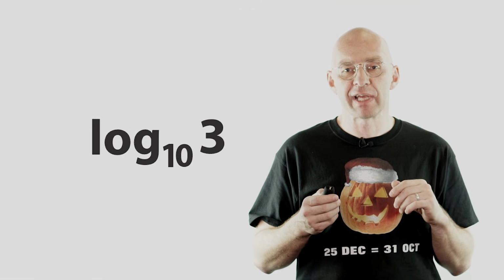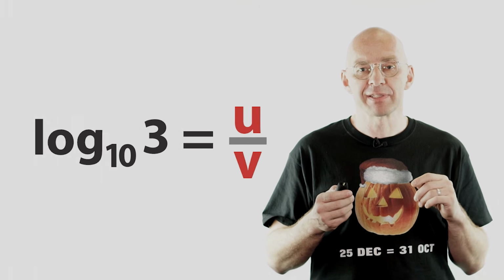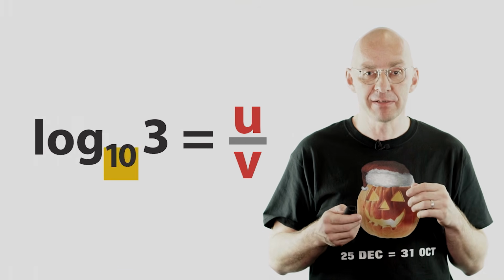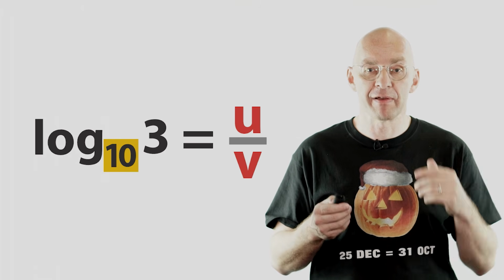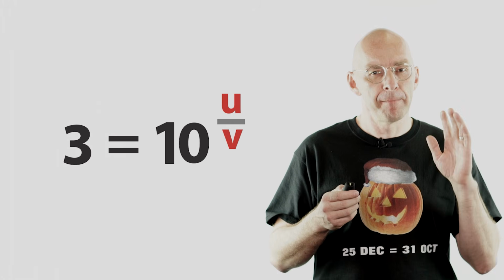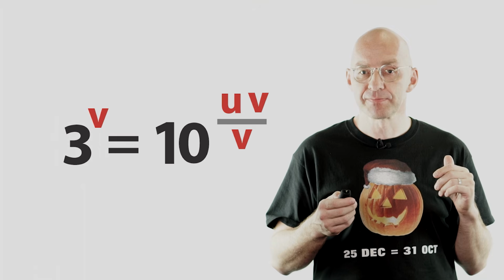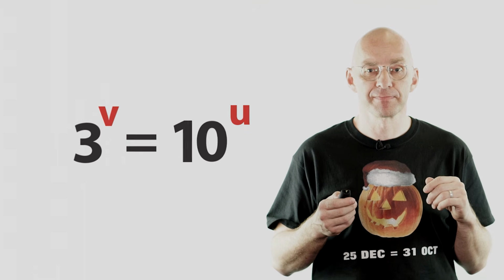If log 3 was actually a fraction u over v, that would be the same as saying that if I take 10 to the power of u divided by v, then I get 3. But then, raising both sides to the v's power, we get this equation here.